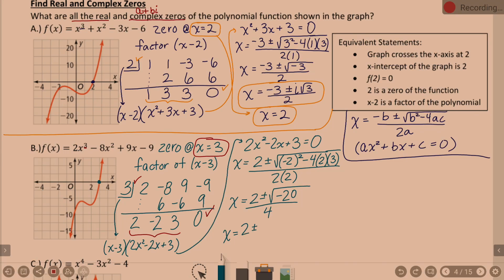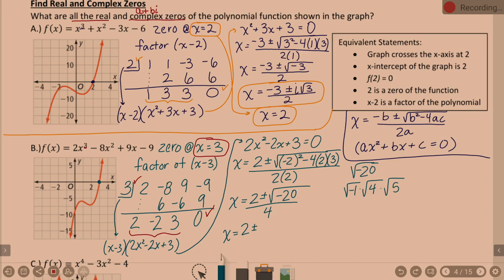2 plus or minus. Okay, guys. Square root of negative 20. What do you remember? Negative 1 times 20. And 20 is 4 times 5. Does that sound familiar, guys? Why didn't I just do negative 1 and 20? 20 has a perfect square in it, right?